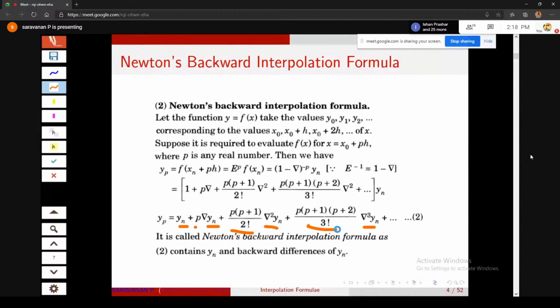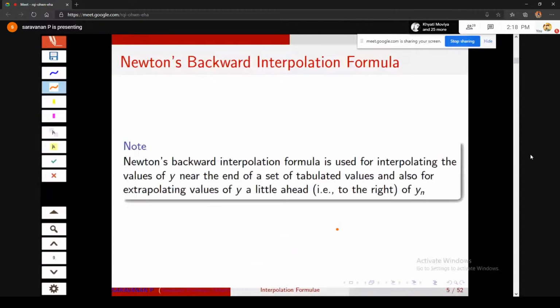Newton's backward interpolation formula is used for interpolating the values of y near the end of the table. Suppose the table is 1, 2, 3, 4, and you want to compute the value of y at 3.9. 3.9 lies near the end of the table, so we will be using the Newton backward interpolation formula.